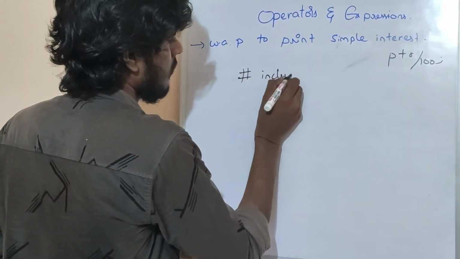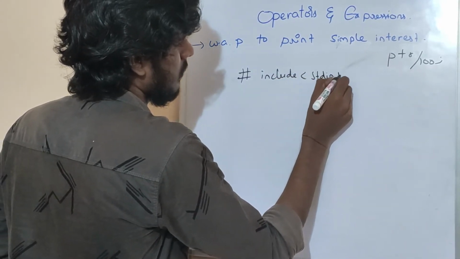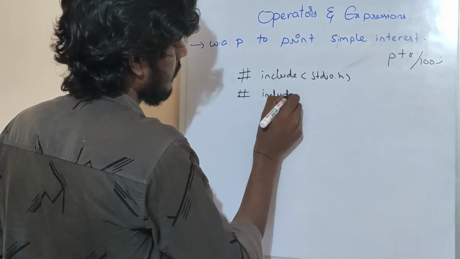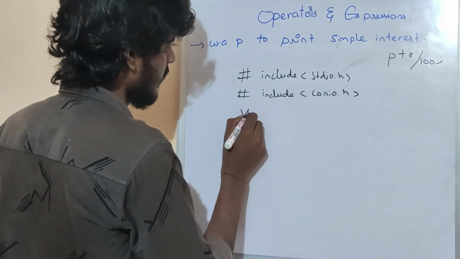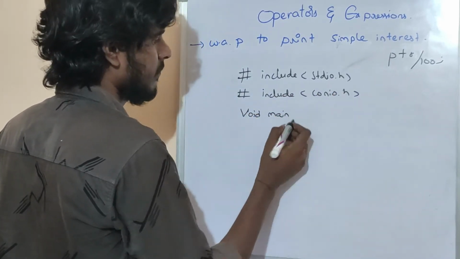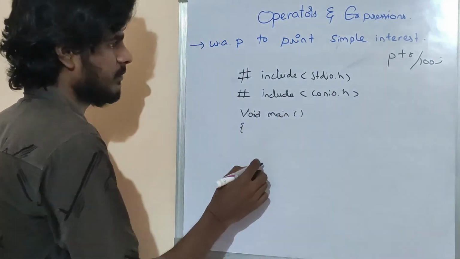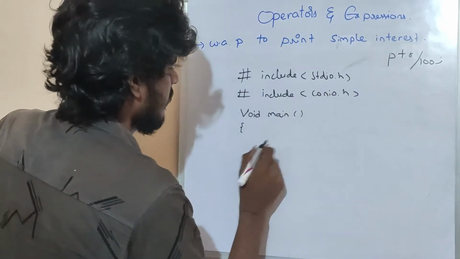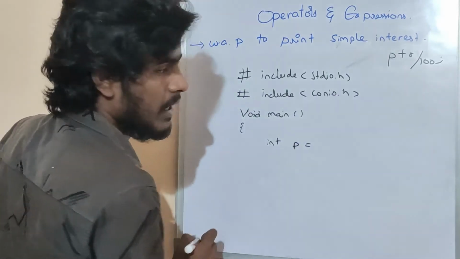#include <stdio.h>, #include <conio.h>. Okay, void main. Okay, how many variables do we require? int p, what is the principal amount?